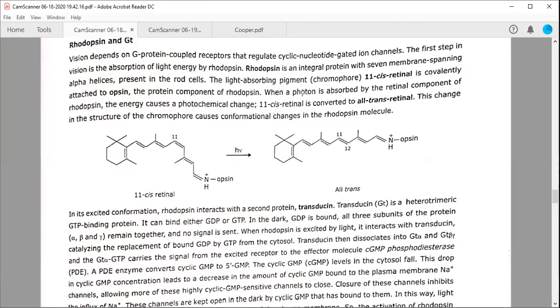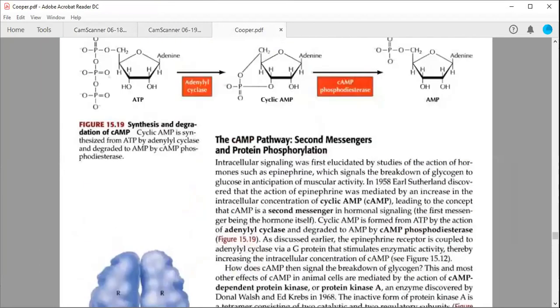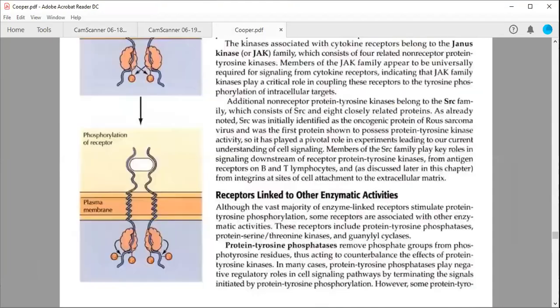Some of you may have a doubt in your head: why this protein component, because generally we know these GPCRs are proteins. Not true always, because in our first diagram also we have seen, okay, let me show you something.